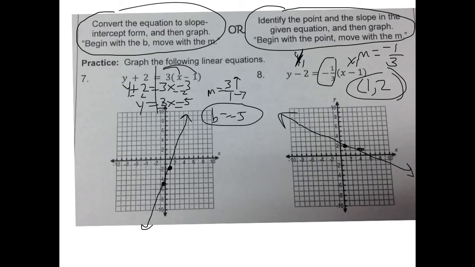Okay. So to me, I would probably, because we're most comfortable putting things into y equals, I'd put in y equals, and then I would use the calculator to graph them instead of doing either of the other 2 methods.